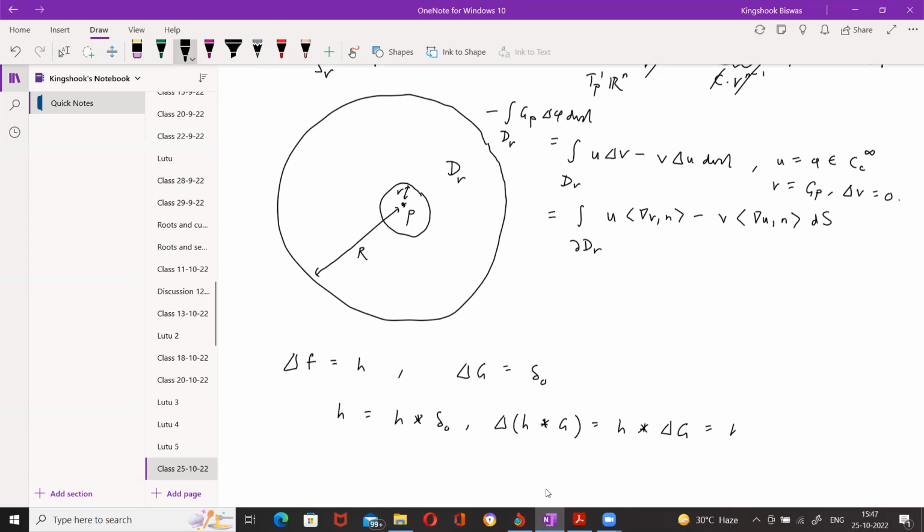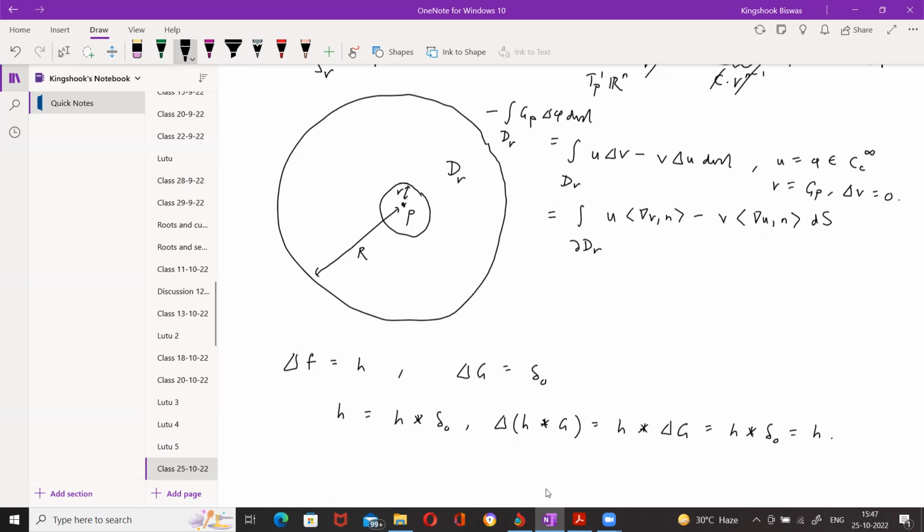And this would be h convolved with the Dirac, and this would be h. Right? So this is how you solve Laplace's equation. Once you have a fundamental solution, then by convolution you can get the general solution.